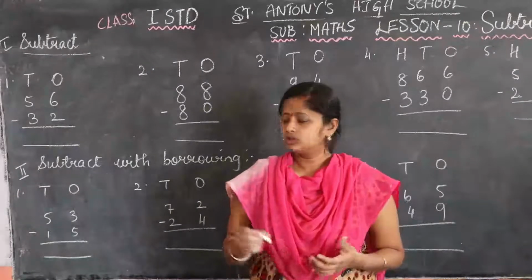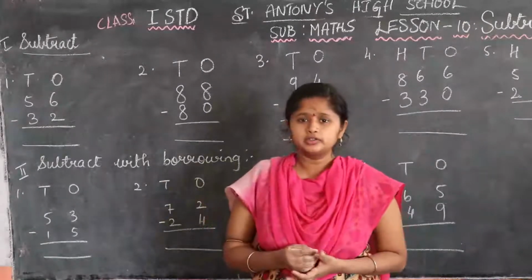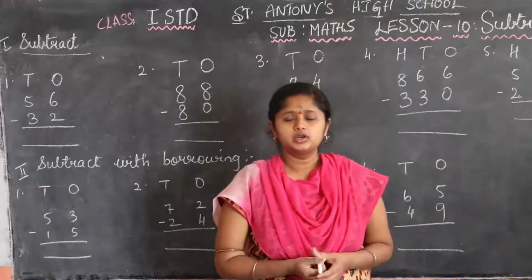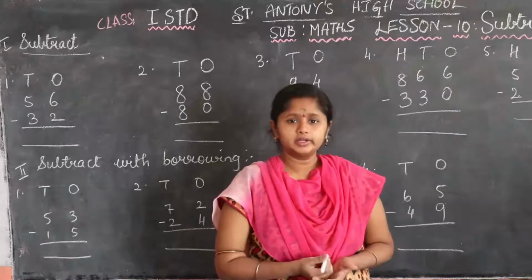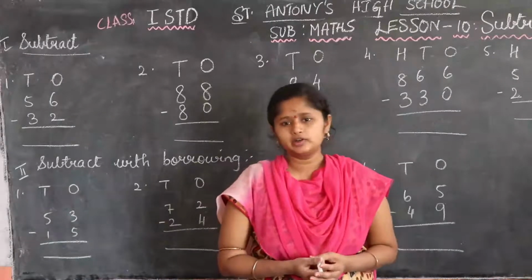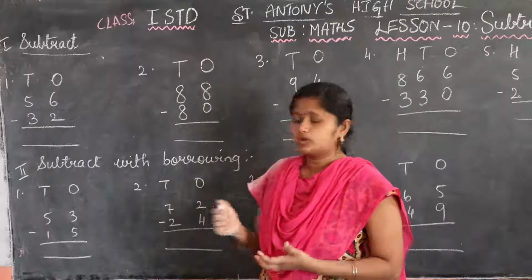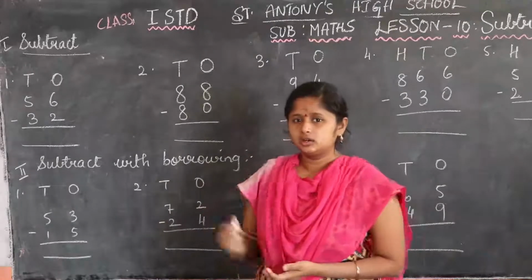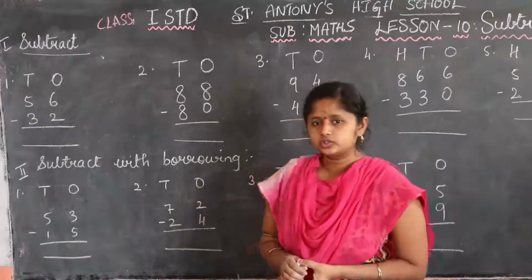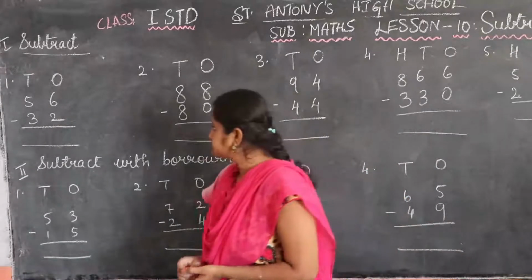Next, I hope you all have understood the definitions and the examples of subtraction and even the zero property. Next, we'll go for our exercise. We are going to solve the subtraction sums. Okay children, let's start.